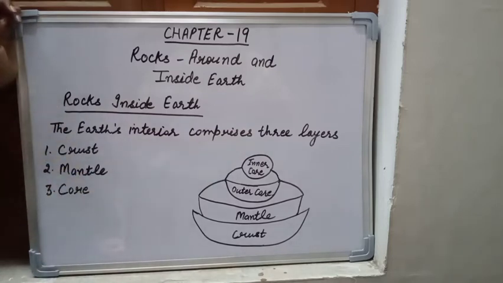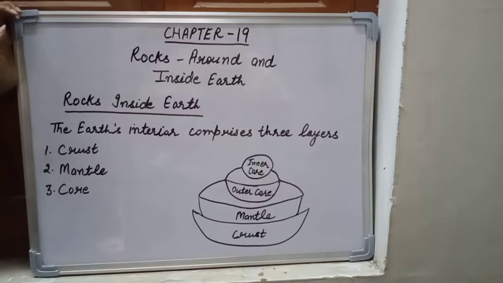In the previous class, you read about how the layers of the earth could be compared to an apple. The thin outer layer of the apple represents the crust, the pulp can be compared to the mantle, and the hardened part inside the apple is compared to the solid core of the earth.